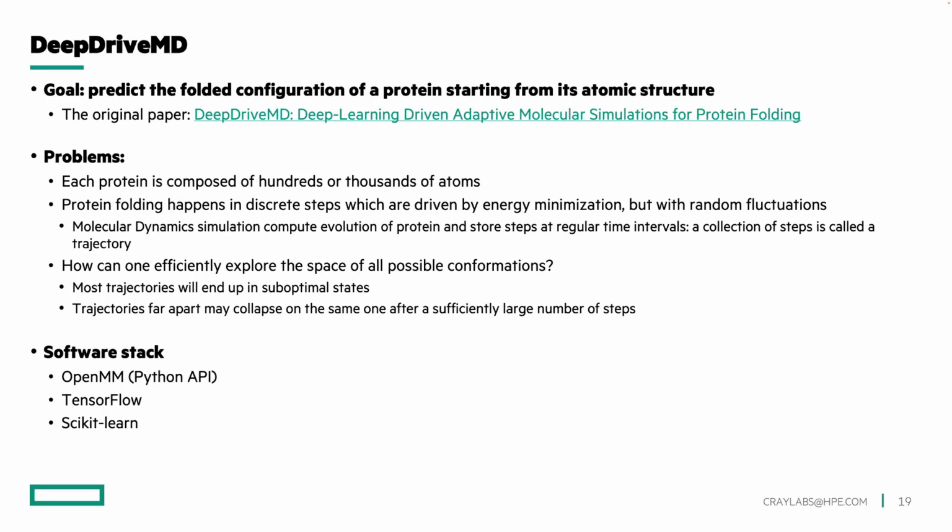You want to optimize this somehow. And this was exactly what they did in DeepDriveMD, and we reproduced it with SmartSim. What we used was OpenMM, the Python API, TensorFlow, and scikit-learn, which is a Python toolkit for machine learning models.